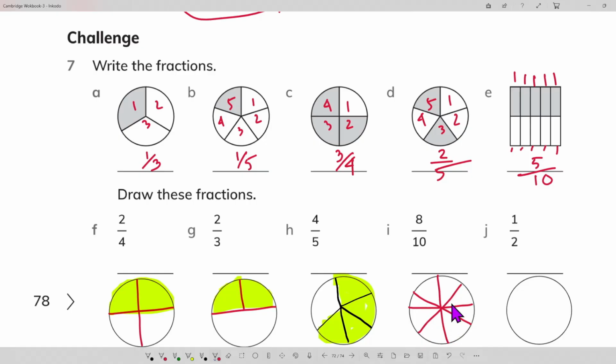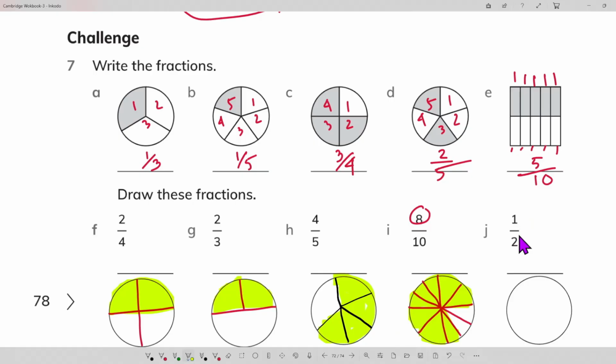Again half. So 1, 2, 3, 4. 1, 2, 3, 4. So here till we can make another one. So 1, 2, 3, 4, 5. 1, 2, 3, 4, 5. So here 8 parts we will shade. First here we are shading 5, 6, 7 and 8. Okay, very simple.